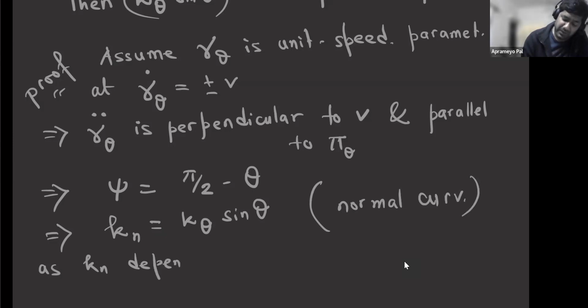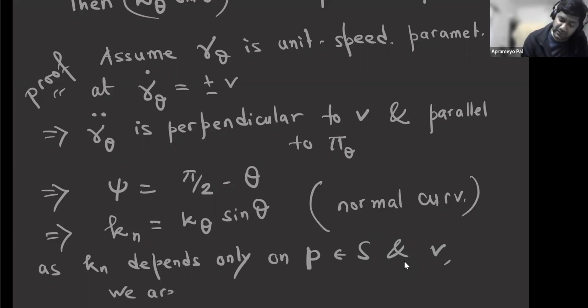As kappa n depends only on the point P in S and the unit tangent vector v, we are done essentially.